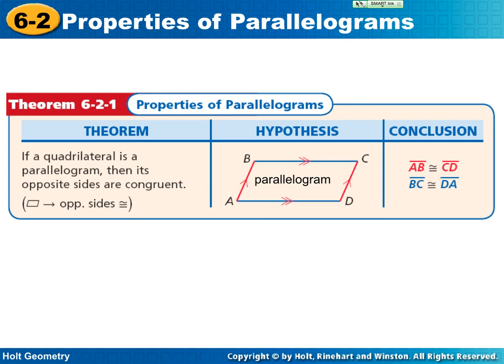Again, if a quadrilateral is a parallelogram, then its opposite sides are congruent. Hypothesis is you have to have a parallelogram. Conclusion, the opposite sides are congruent. Opposite sides being parallel was the definition.